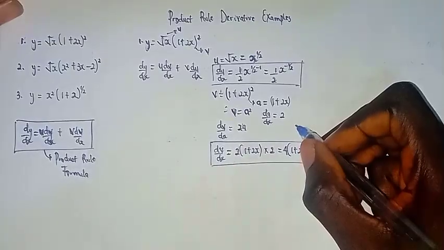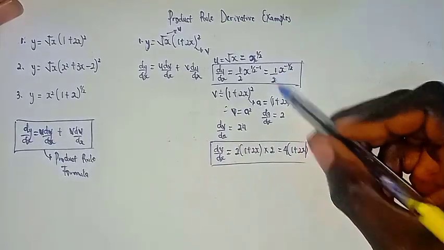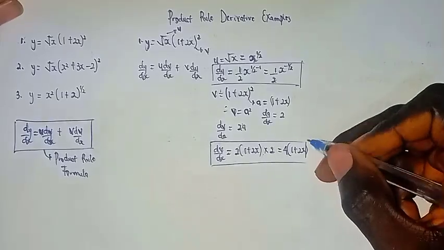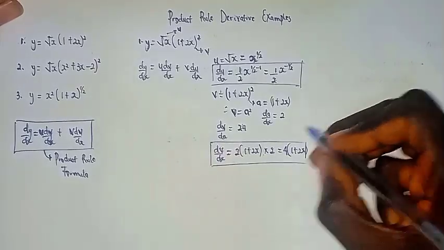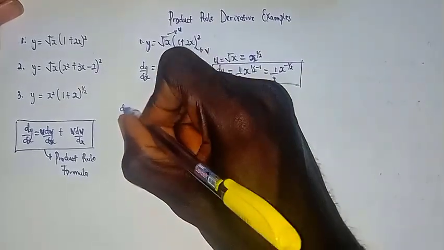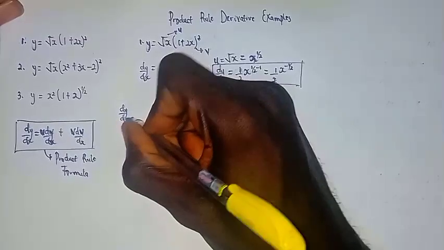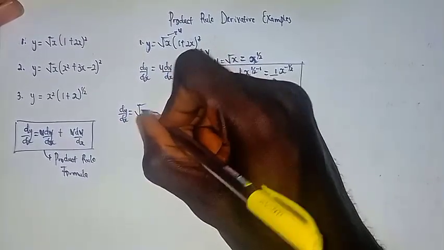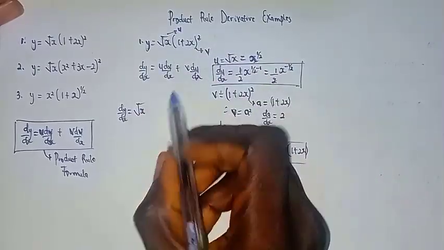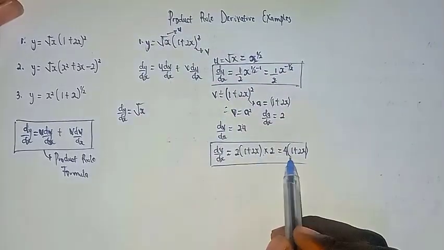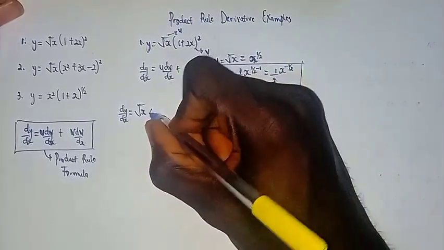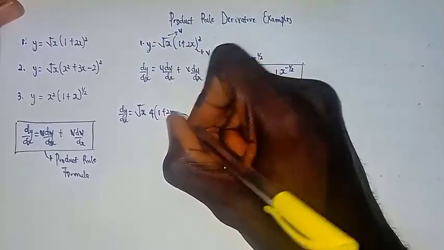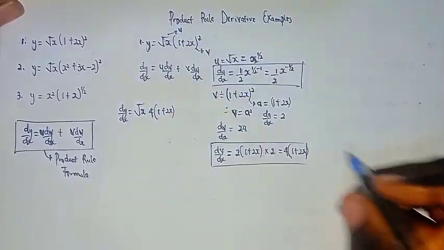So now let's substitute du over dx and dv over dx into our product rule formula. So we'll have that our dy over dx becomes, our u is square root of x multiplied by dv over dx, which is 4 times (1 plus 2x), right?